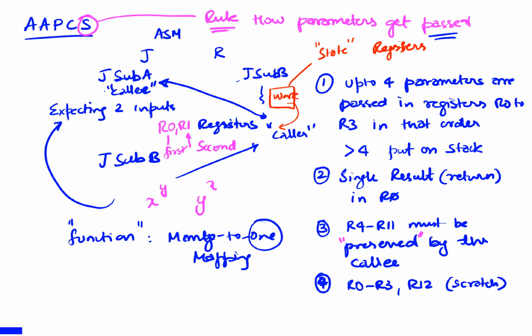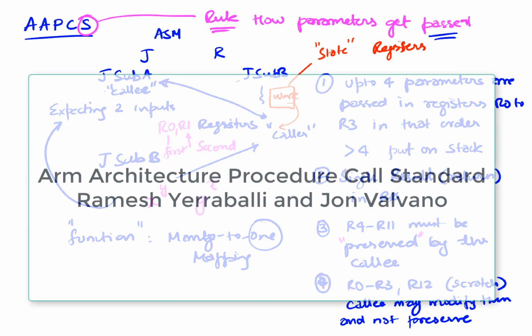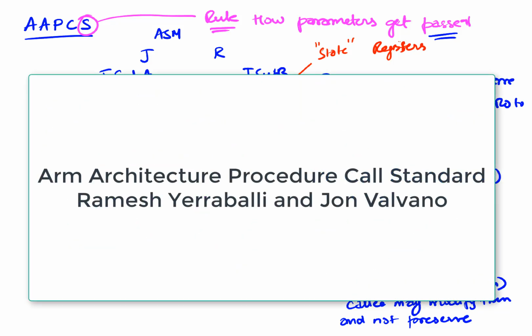The callee may modify them and not restore them, not preserve them. Oh, I like that better. Yeah, it's faster. Now, granted that maybe you should be nice and not mess them up, but that is your right to choose. You have a right to choose to be nice, but you don't have to be nice. Got it.